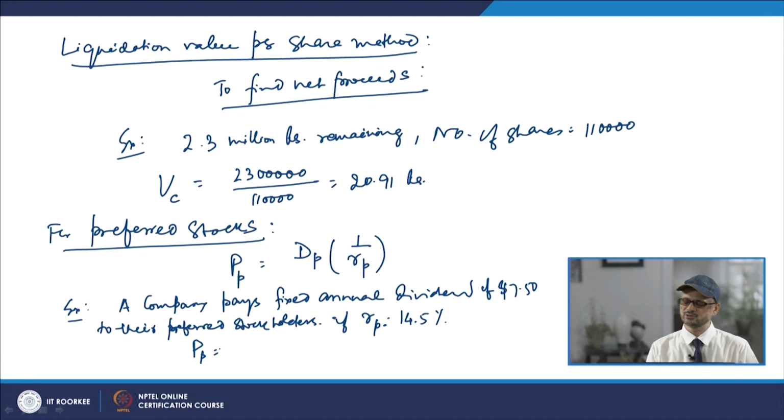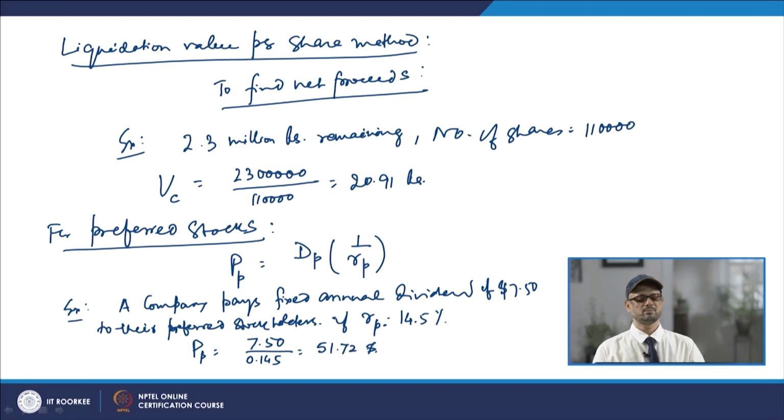The dividend is 7.50 and the rate is 0.145. So that becomes 51.72. So $51.72 is the price or the value of the preferred stock in such cases.